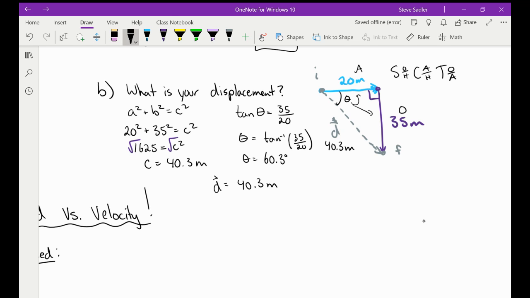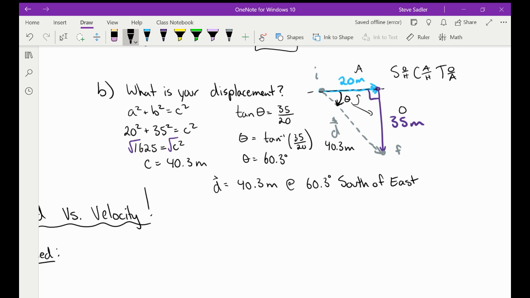So for our answer, we can say that the displacement is 40.3 meters at 60.3 degrees. And we still need to say what direction that is. We've come from east, and then we went in a southern direction when we measured that angle. So we would say 60.3 degrees south of east.